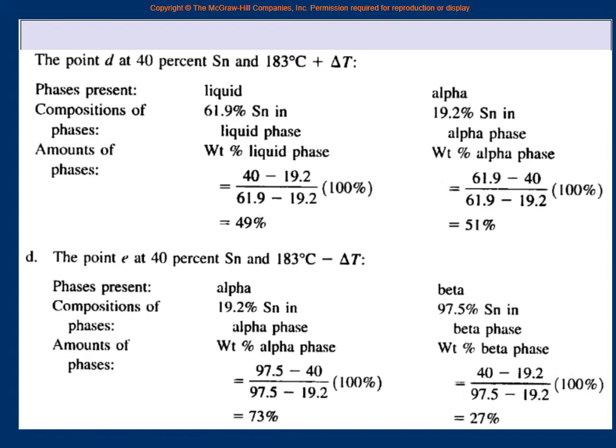If you have a hard printed copy of the lectures, then on the diagram take a scale and a sharp pencil, draw a vertical line at the given composition, draw a horizontal line at the given temperature, and then start the work.